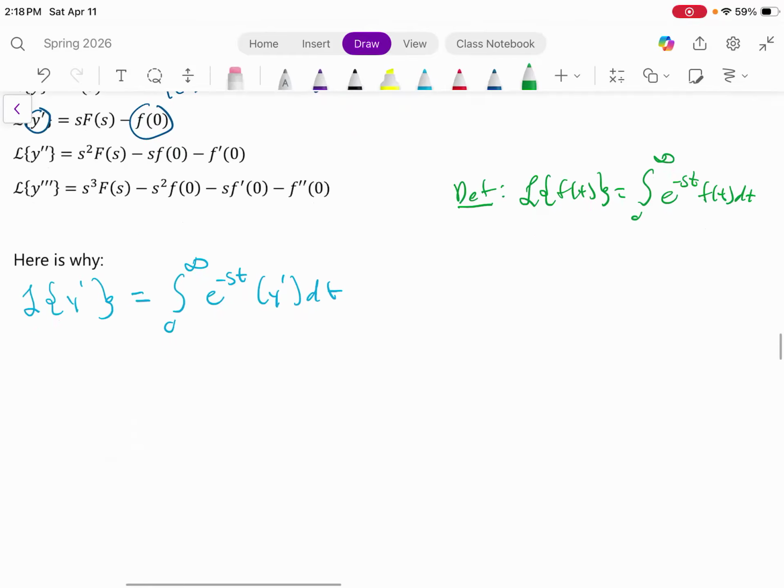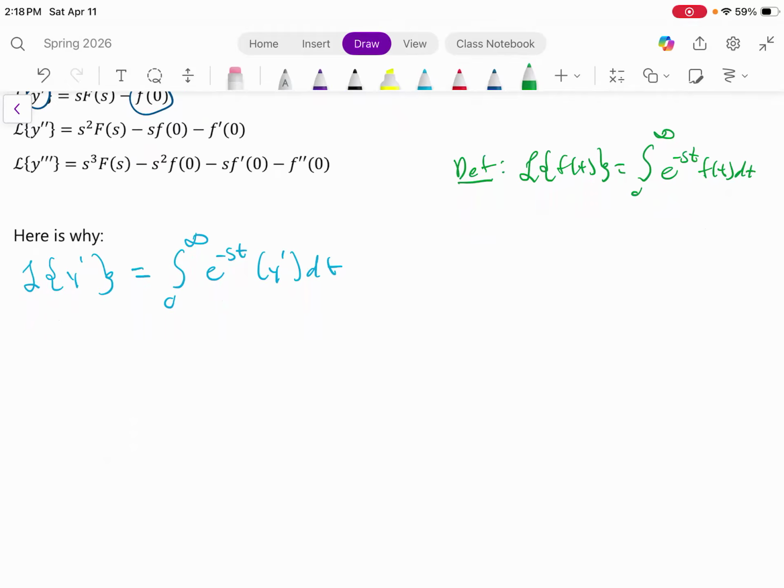Okay, so we want to integrate this setup. So we have an exponential, we have a y prime, but that's also two unrelated functions. And so in that case, we would need integration by parts.